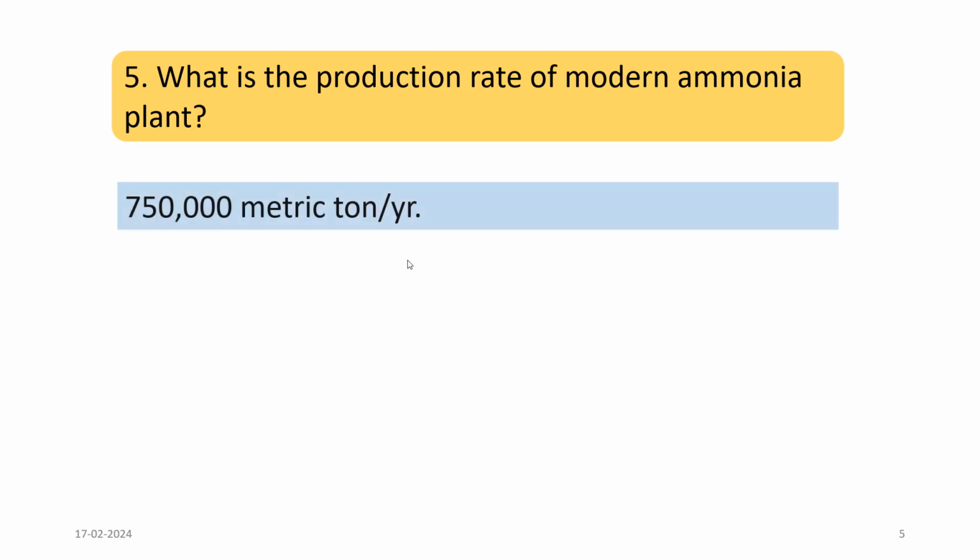So here the answer will be 750,000 metric ton per year. The production rate of a modern ammonia plant is 750,000 metric ton per year.